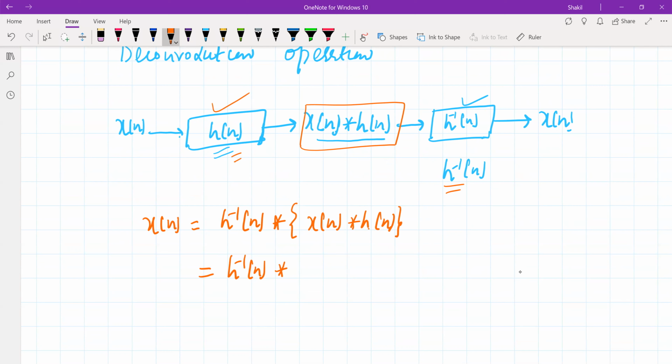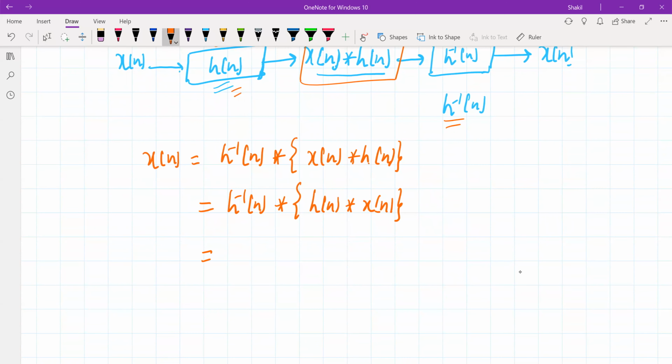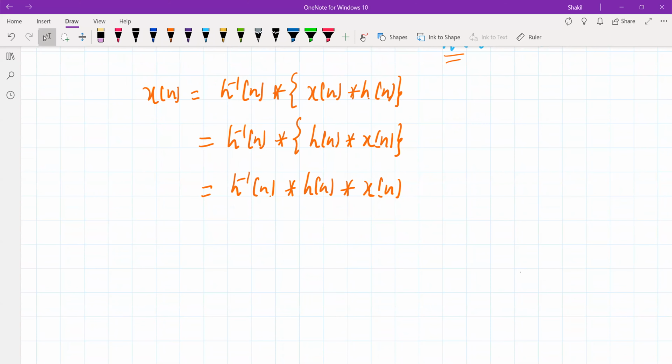As I said, the convolution operation is commutative, so whether you write x of n first or h of n first is immaterial. So this is h of n convolved with x of n. Alright, so this is the output.